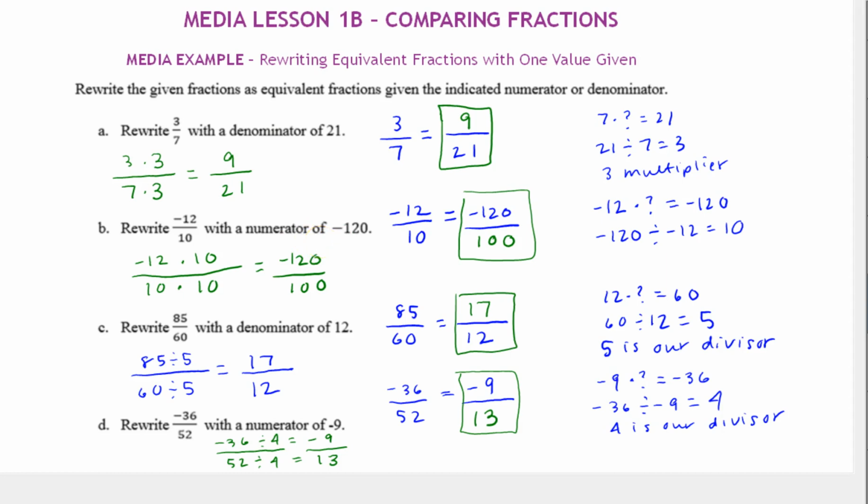In either case, for the two numbers known, divide the larger one by the smaller number to find either our multiplier or our divisor. If you're going from smaller numbers to bigger numbers, you're going to use it as a multiplier, multiply the other number by that quantity. And if you're going from bigger numbers to smaller numbers, you're going to divide the other number by that quantity as well.